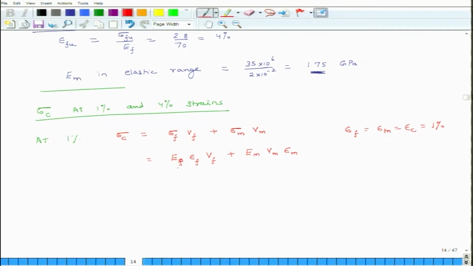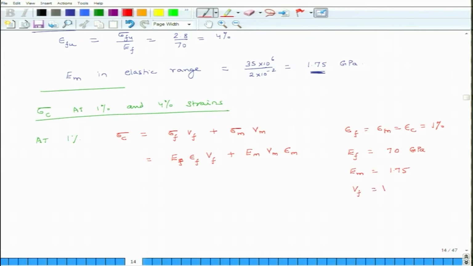And we also know Ef is how much? Ef is 70 GPa. Em, we are still in the linear range, right. So, Em is how much? 1.75.